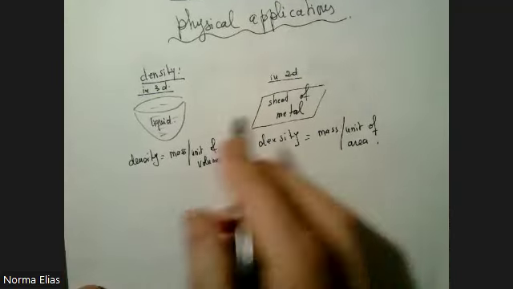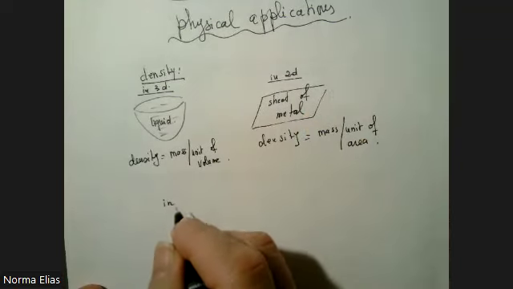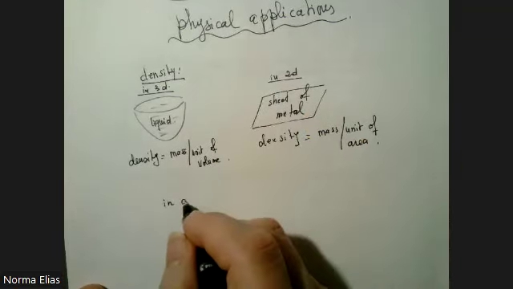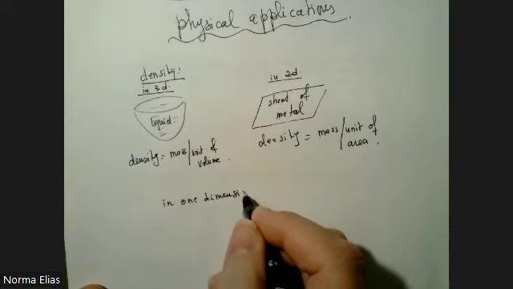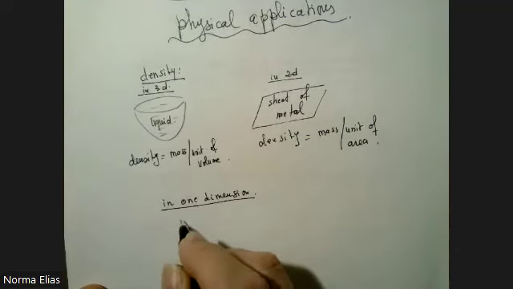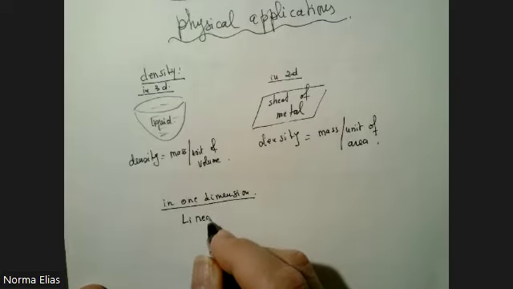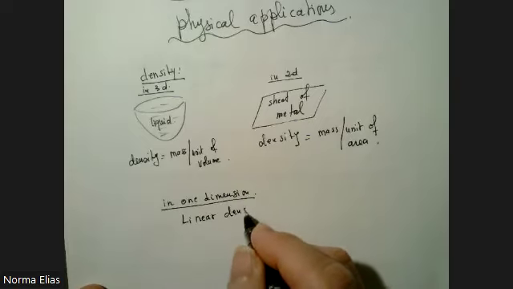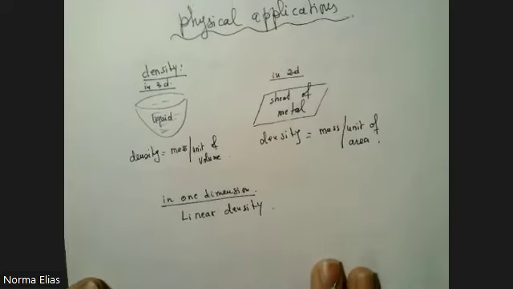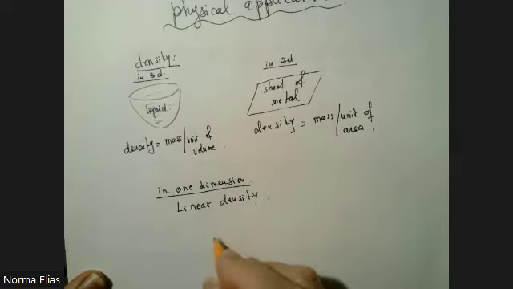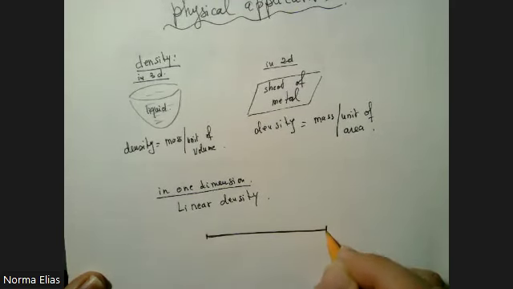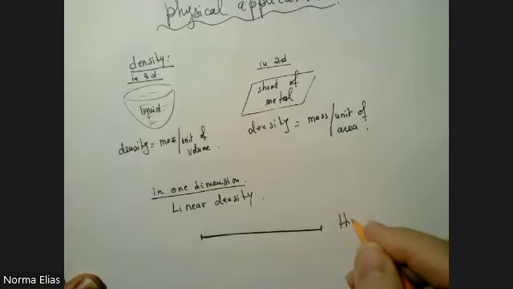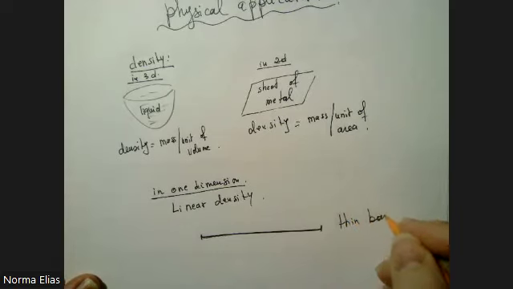And finally, in one dimensional, here we talk about what's called linear density. This means the following. Imagine that you have a bar, a very thin bar, because we're going to assume that we are in 1D.